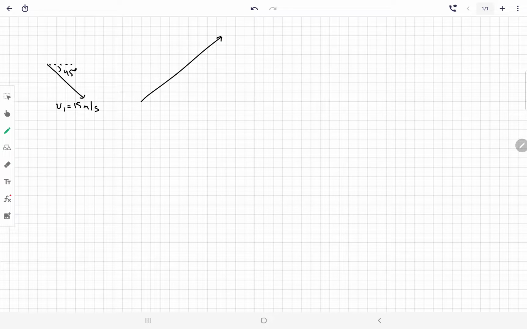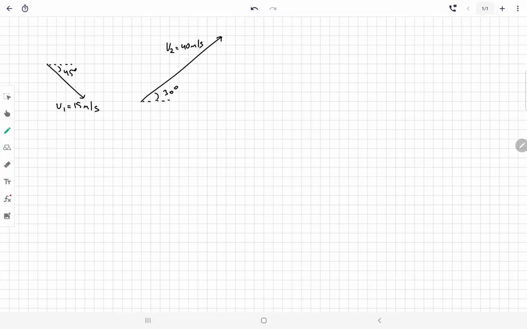I especially draw it a bit longer because velocity is 40. Initially it was 15. So I'm trying to scale the vector. So this is v2, let's call it 40 meters per second, and the direction, this is 30 degrees. This is what we know.